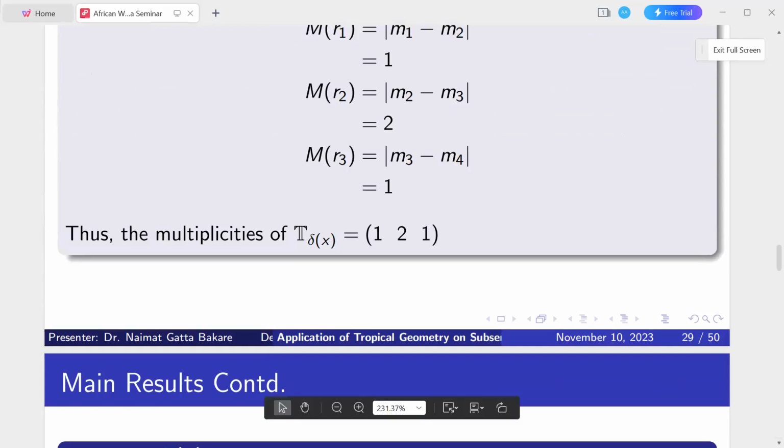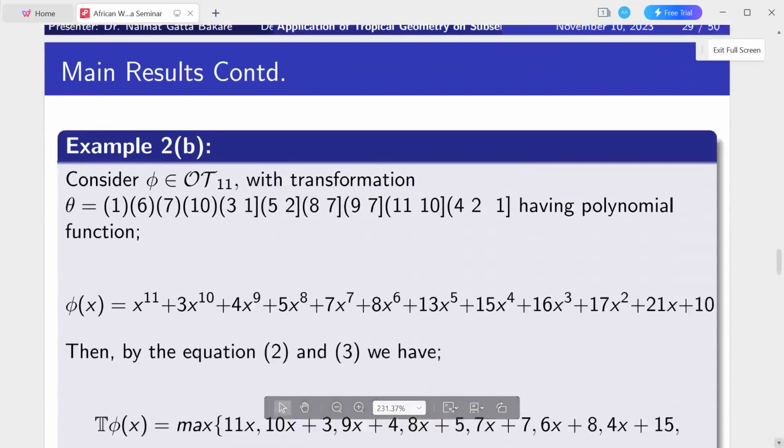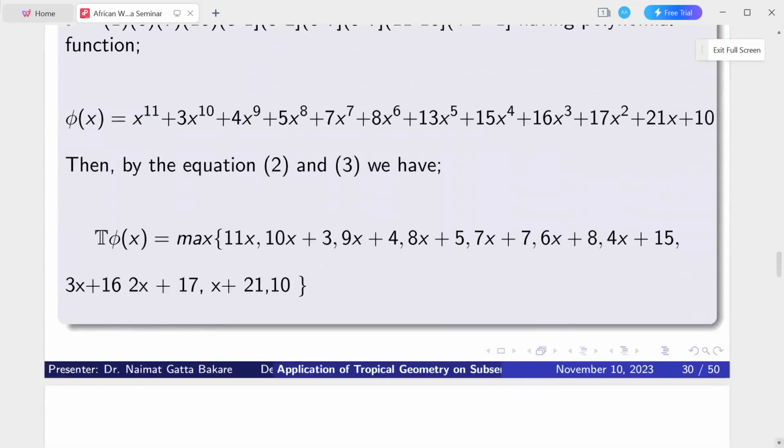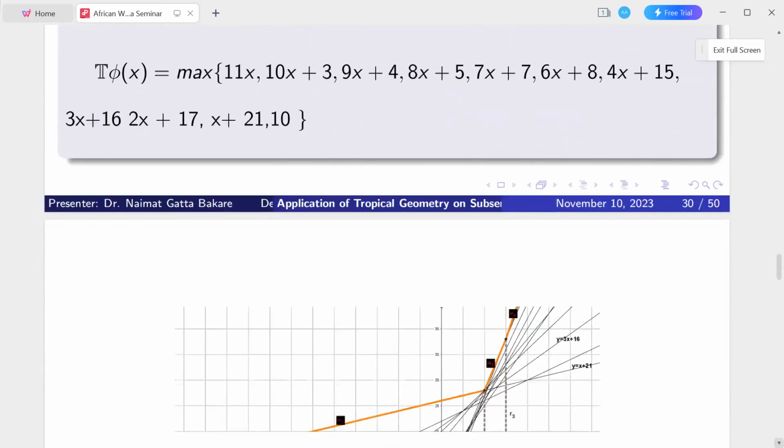Moving further, looking at the next example, example 2b, by taking a higher number of n, taking their polynomial, taking their tropical polynomial, and seeing whether we have the same I2 for that transformation also.